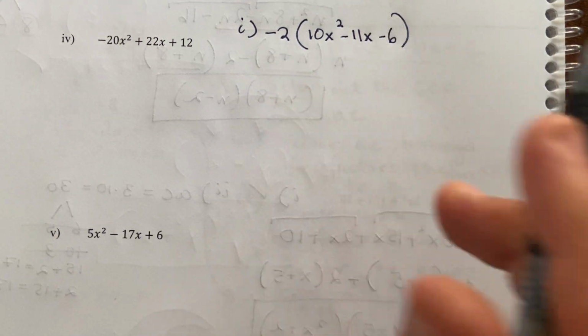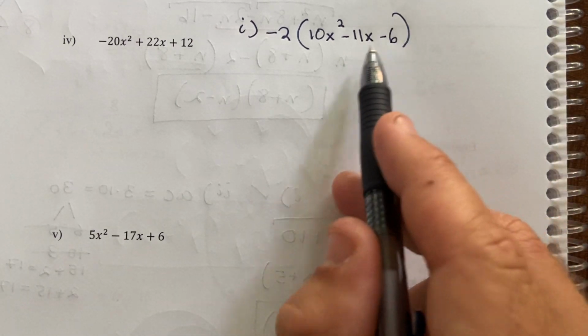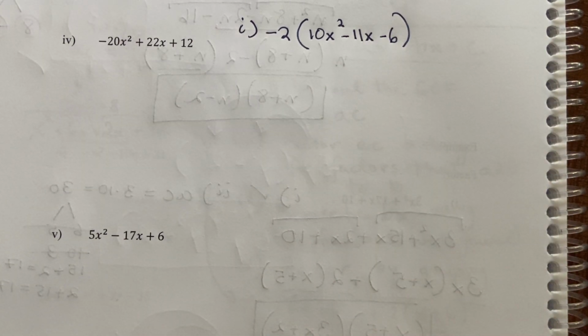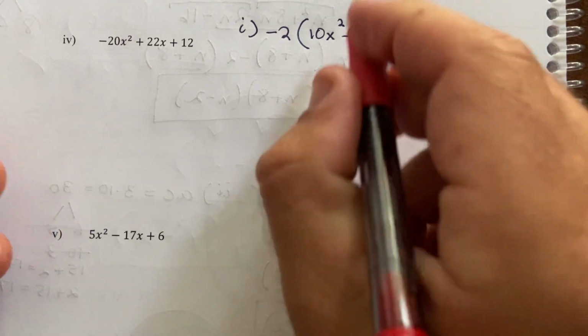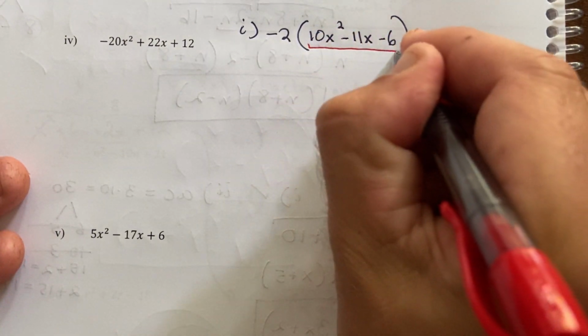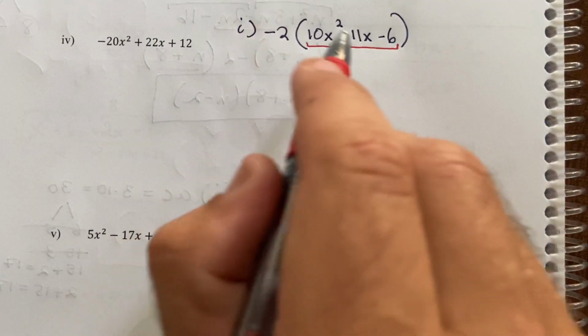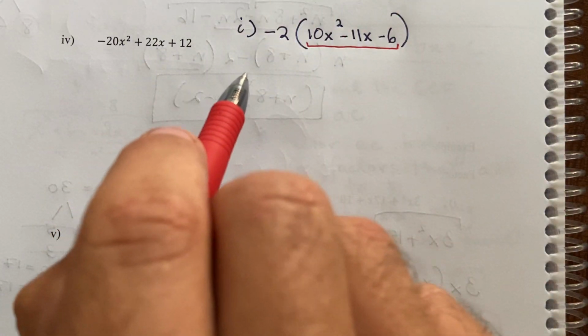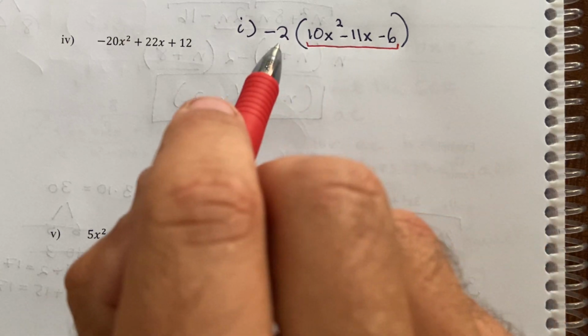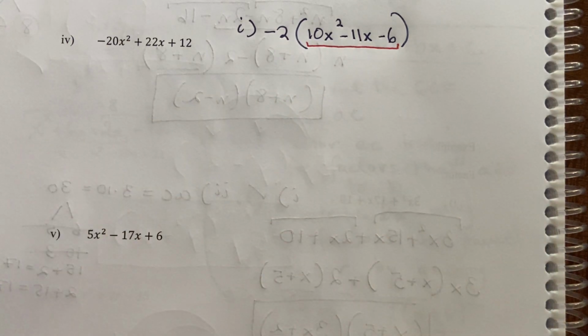So now what we're going to do is focus on this trinomial. So now we're focusing on this quadratic trinomial inside of the parentheses, and we're going to perform everything that we've been doing on that trinomial. The thing is, we're just going to have a -2 going along for the ride during all that.